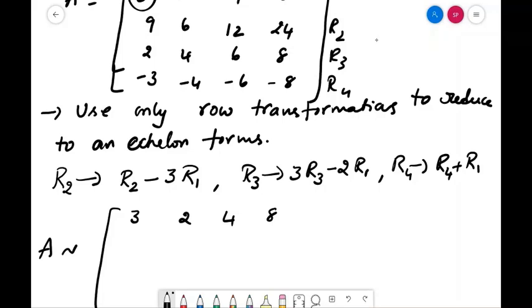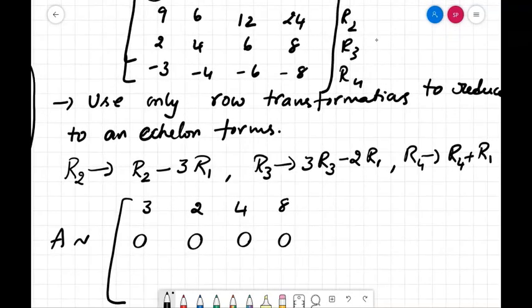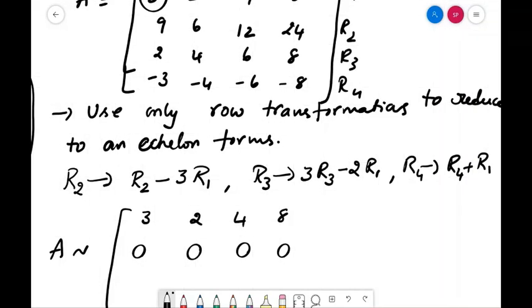Then R2 minus 3R1: 9 minus 9 is 0, 6 minus 6 is 0, 12 minus 12 is 0, 24 minus 24 is 0. Then 3R3 minus 2R1: 3 times 2 minus 2 times 3 is 0, 12 minus 4 is 8, 18 minus 8 is 10, 24 minus 16 is 8.